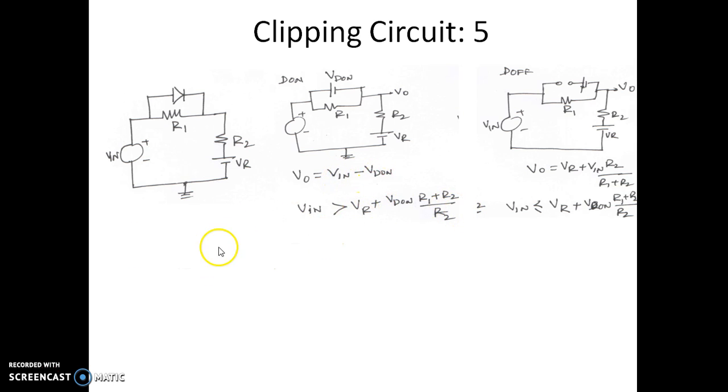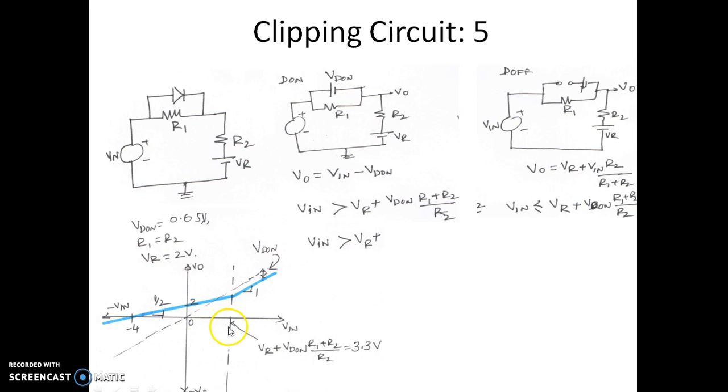So let us have a look at how the transfer characteristics look. Now we can see this dotted line indicating Vin on the x and y axis, which is a reference. We have one more reference line on the input x-axis, indicating the point when the diode is on and off.